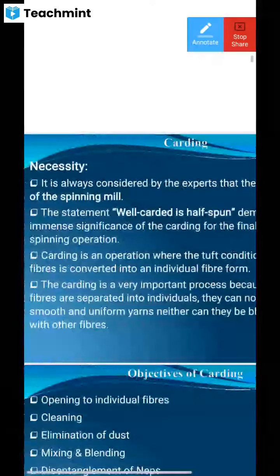The fiber crystallinity is related to polyester fiber. What is the moisture content of polyester fiber? Polyester fiber moisture content is 0.2 to 0.5 because the pores are very, very few in the polyester fiber. It's a closed compact structure. From the material science point of view, it comes under the hexagonally close packed structure.